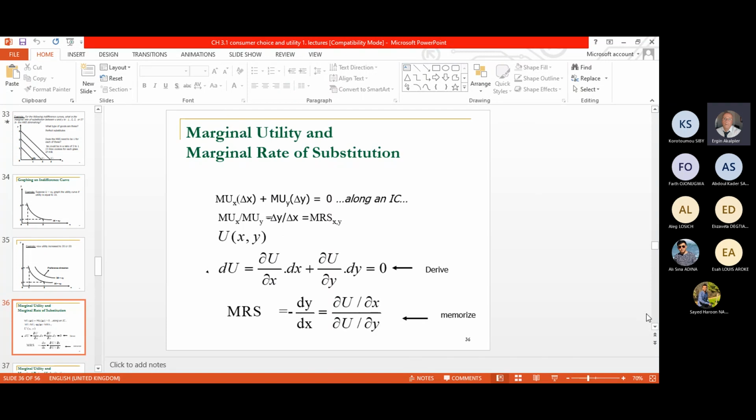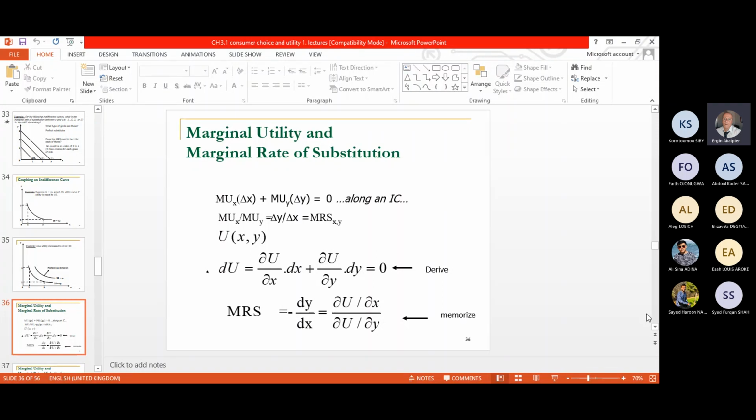And marginal utility and marginal rate of substitution, if it is going to be questioned how it is going to be combined and realized, then the marginal utility for x times delta x plus the marginal utility for y times delta y is supposed to be 0 along the indifference curve.